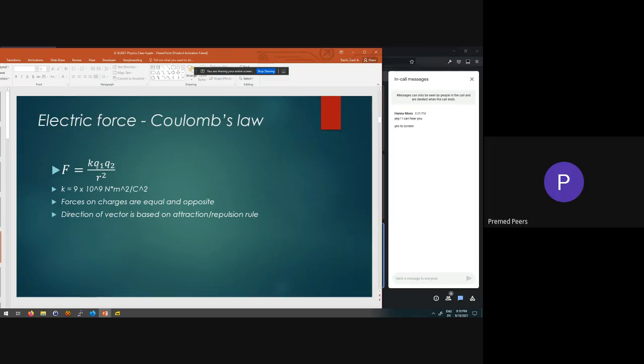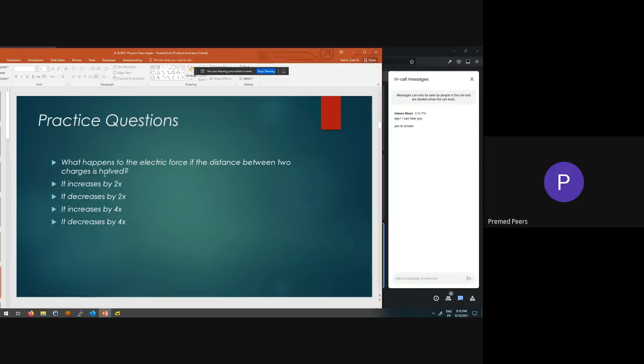So occasionally they can ask you to use this formula for something, but it's much more likely that you need to know the formula because you need to understand it on a level like with this question here. So think about this.